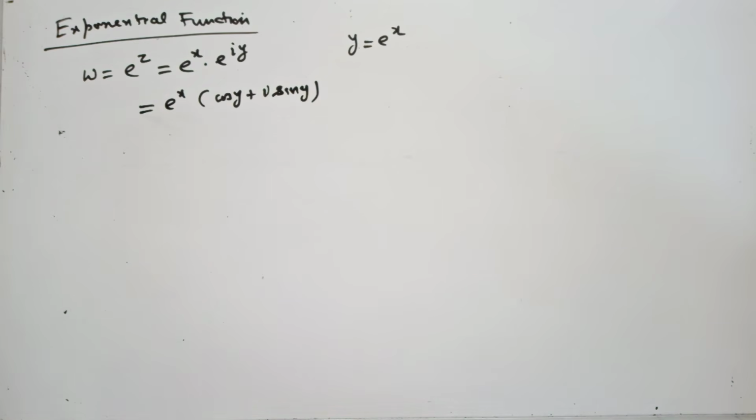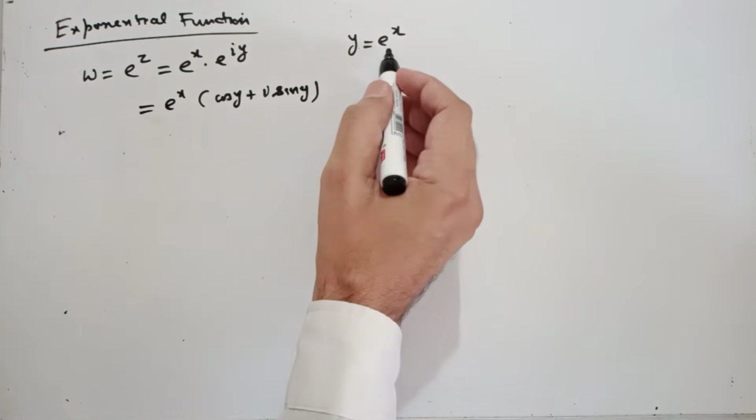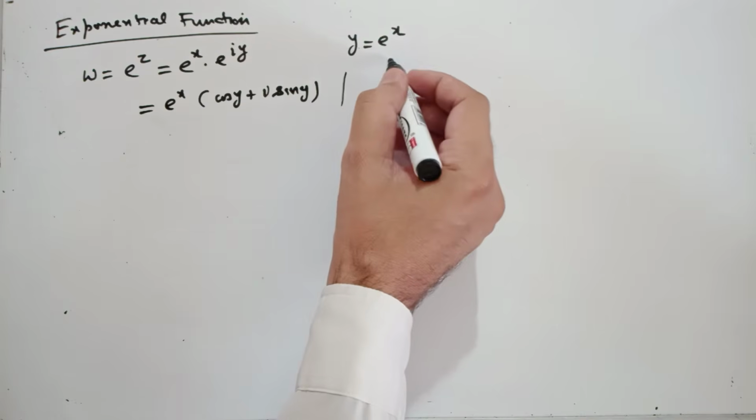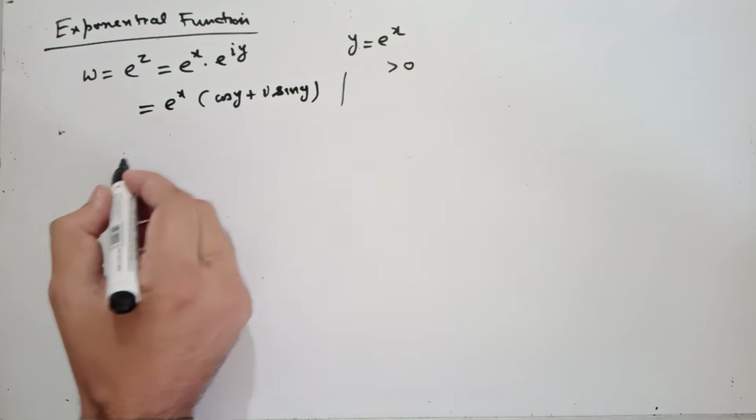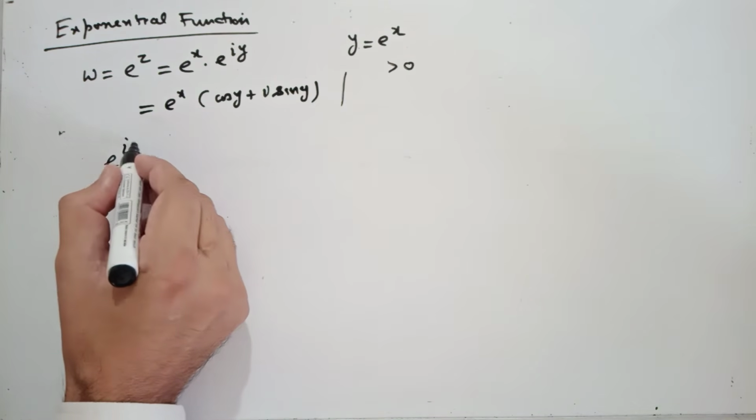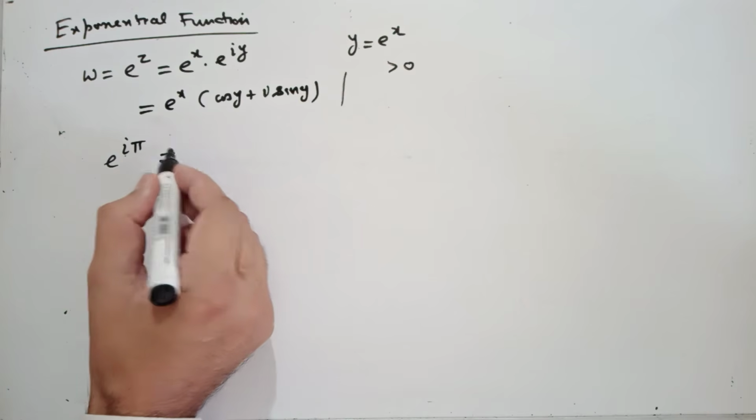Now how is it different from the real case? In real case, e power x is always positive. You know it, whether x is 0, negative or positive, e power x, the output is a positive number. But in complex case, see this calculation. Say I want to calculate e power iota pi.